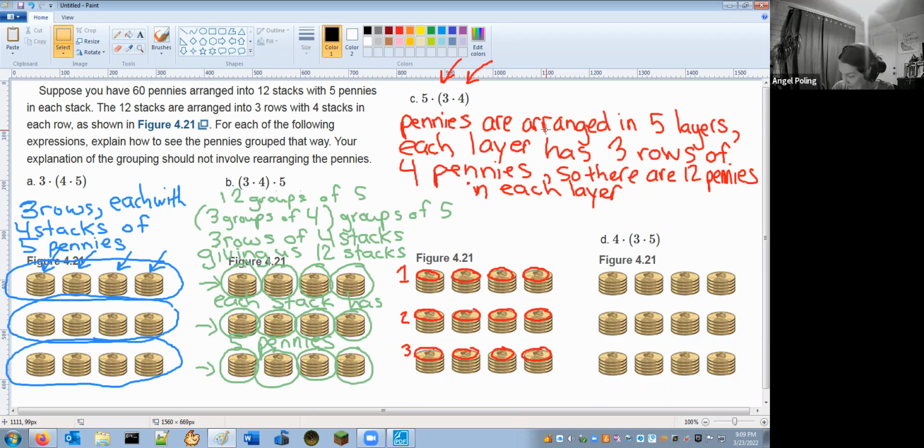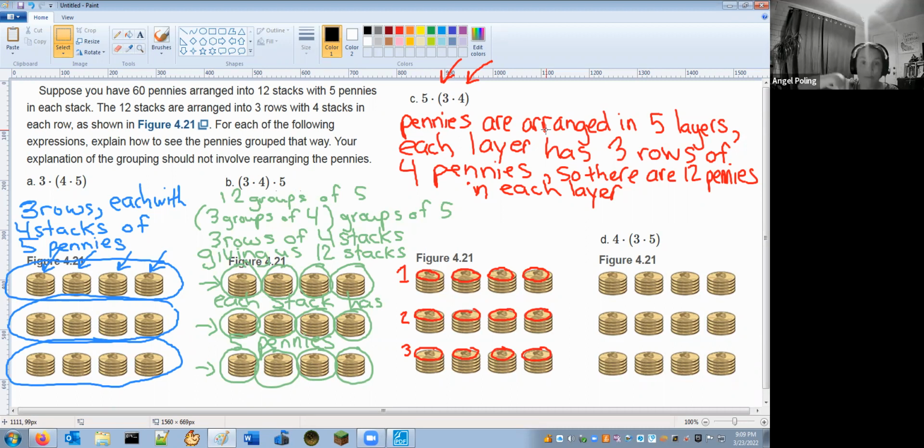Part D, let's see if we can get this one. 4 times 3 times 5. 4 is the stacks. So we'll have 4 stacks. And then I'm thinking, or 4 columns.